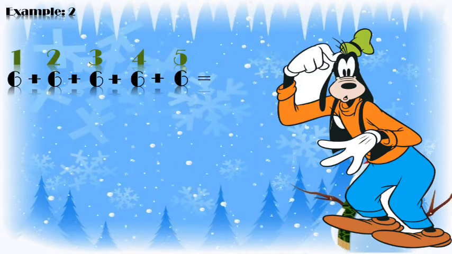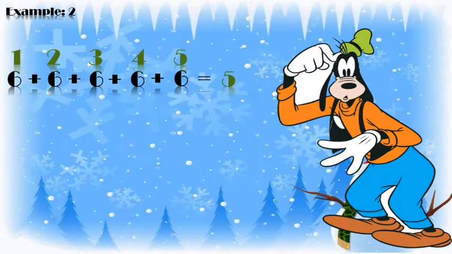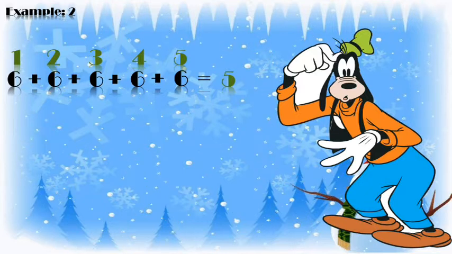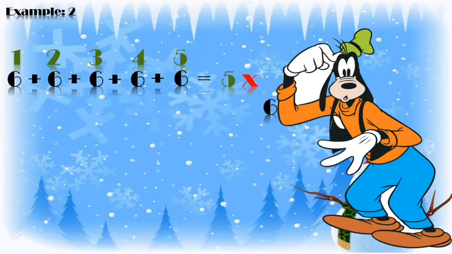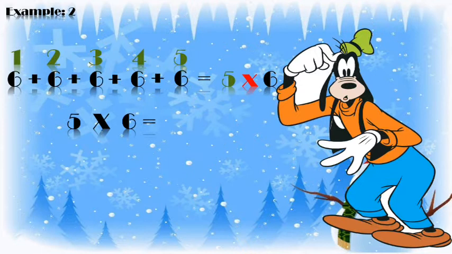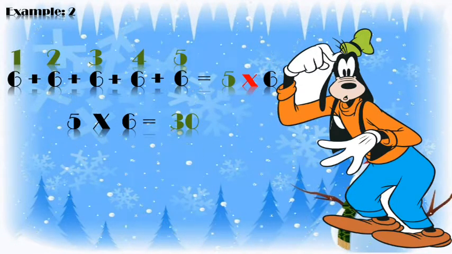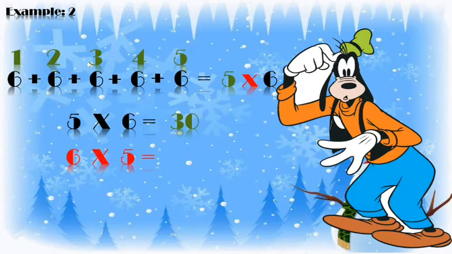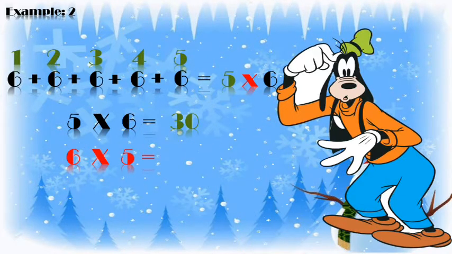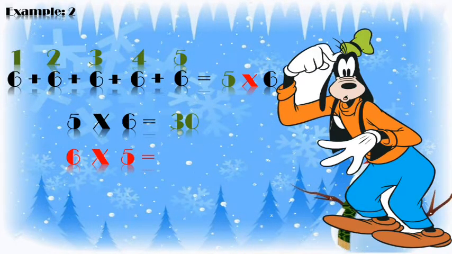So, we can represent this sentence using multiplication as 5 times 6. 5 times 6 is equal to 30, or 6 times 5 is equal to 30.